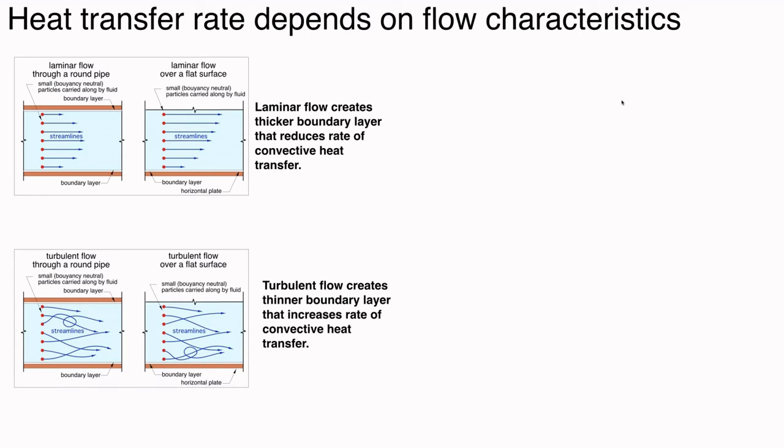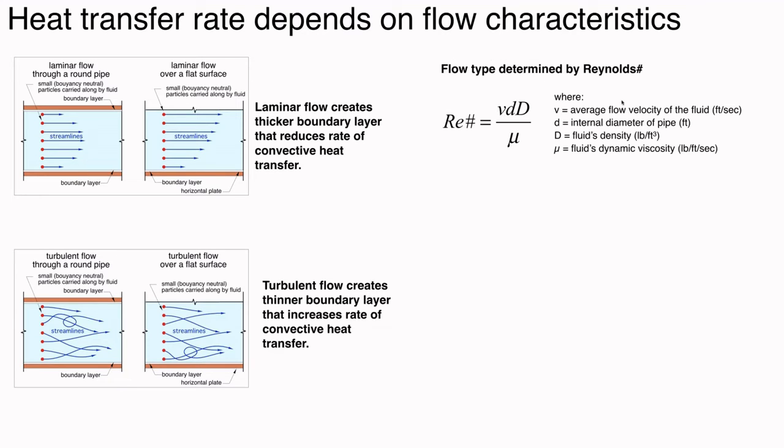Turbulent flow, in its sense, you can think of it as scrubbing the thickness of that boundary layer down and reducing its resistance, okay? Without getting too deep in numbers, you can determine whether you have laminar flow or turbulent flow by knowing things like flow velocity, the density of the fluid, the diameter of the pipe, and the viscosity.